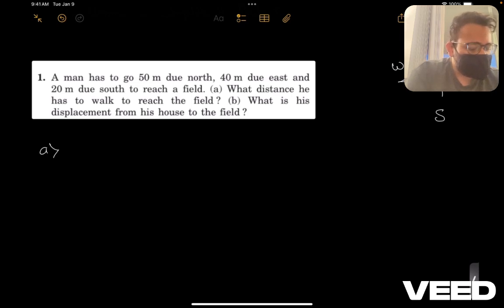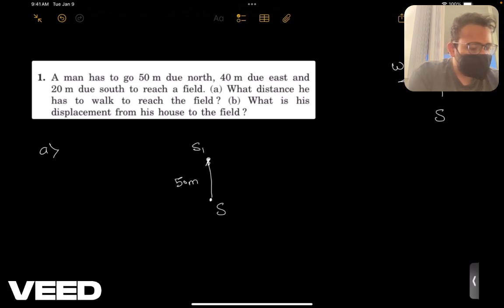Let's assume I am the man and I am starting from here. So I'm going 50 meters to north, right? So this is my stop one. Then I go 40 meters to east. So this is my stop two, and this is 40 meters, right?